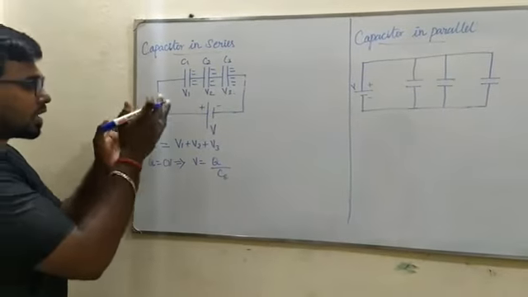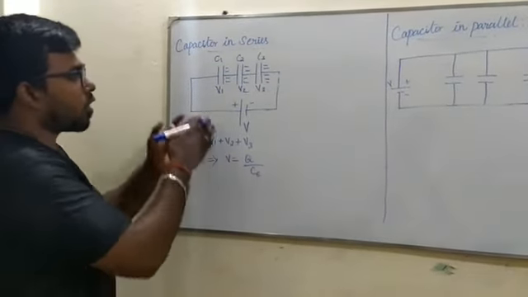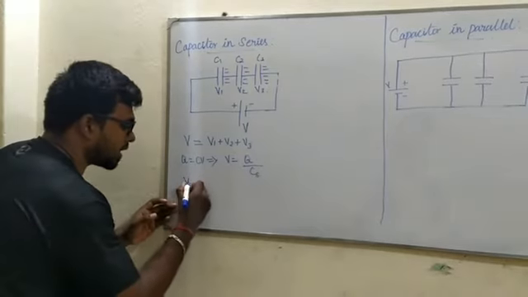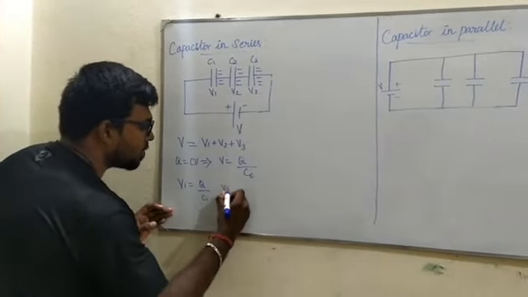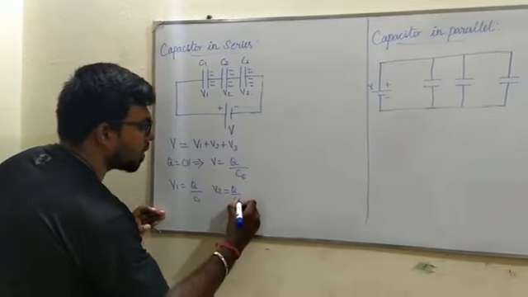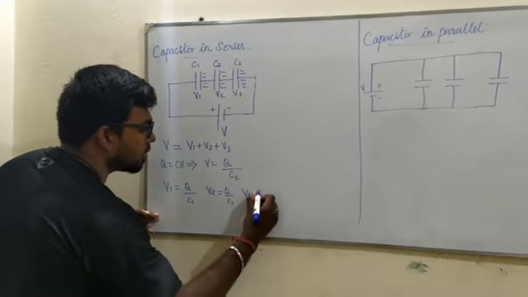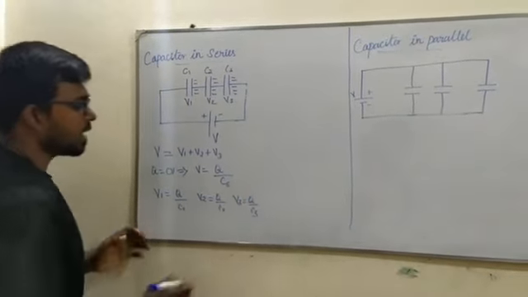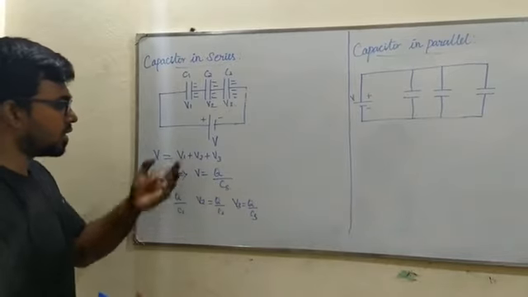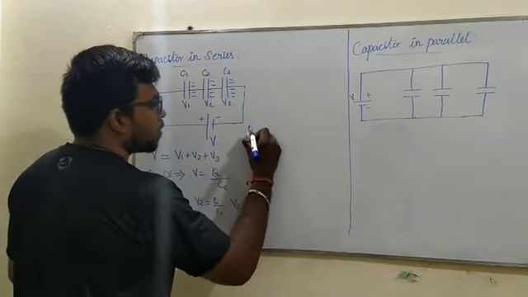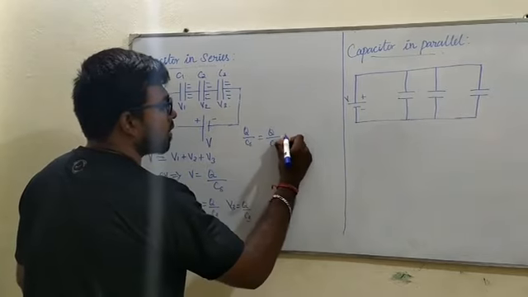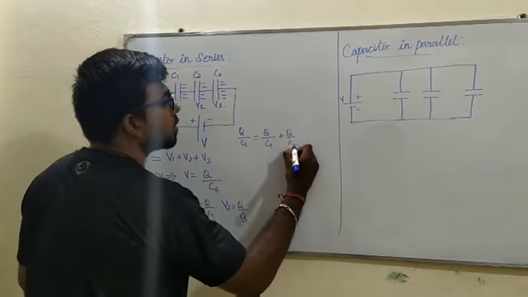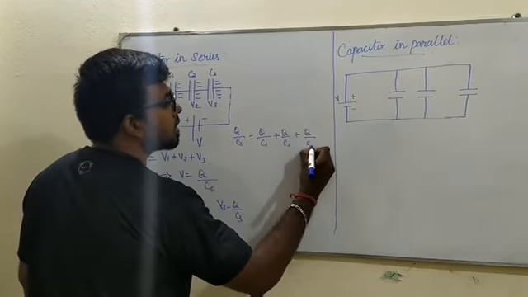So the potential differences of individual capacitors can be written as V1 is equal to Q by C1, V2 is equal to Q by C2, and V3 is equal to Q by C3. Substituting all these values, we get Q by Cs is equal to Q by C1 plus Q by C2 plus Q by C3.